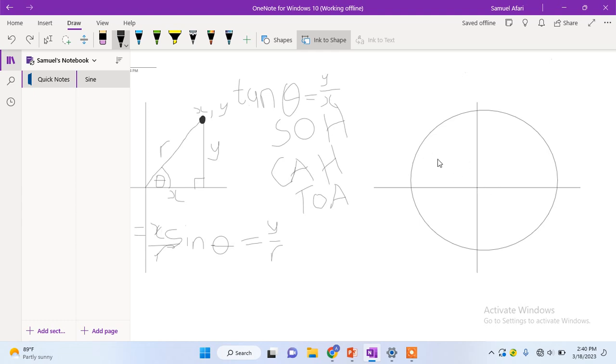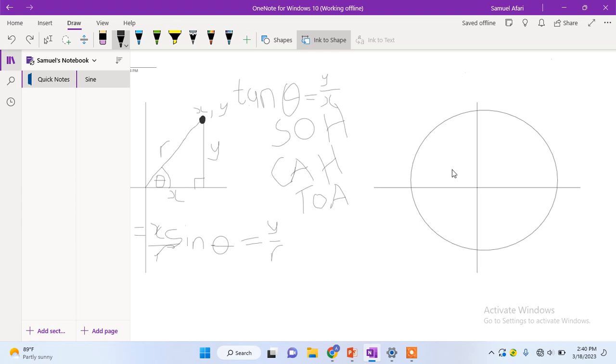If this is a circle divided into four equal parts, then the angles have also been divided. So 360 divided by 4 is 90, right? So this angle is 90. From here to that one is also 90. This to that is 90. And from here to that is also 90. You get it? And each of them is a quadrant.